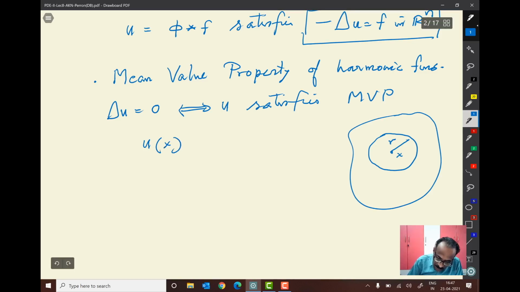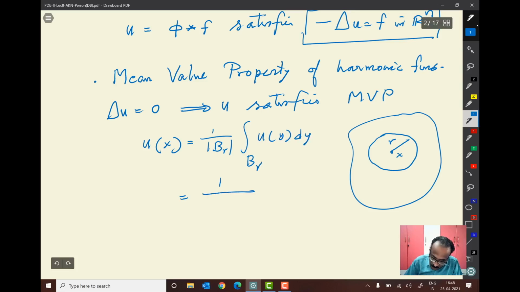You can compute u of x is equal to the average over the ball, the ball of radius r: you integrate over B_r of u of y dy. This is also equal to, you can average it out on the boundary of the ball, the integral over the boundary of B_r of u of y d sigma y.